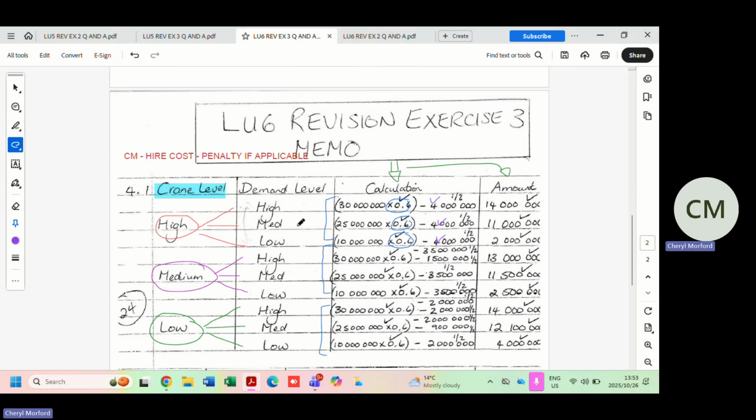And in this case, that won't ever happen, because with the large crane, whether the sales are low, medium, or high, that will be big enough to be able to handle production. So there will never be any penalty. So then we can get to the numbers on the far right-hand side. We're going to subtract the higher cost from the contribution, and that will give us these three figures over here.